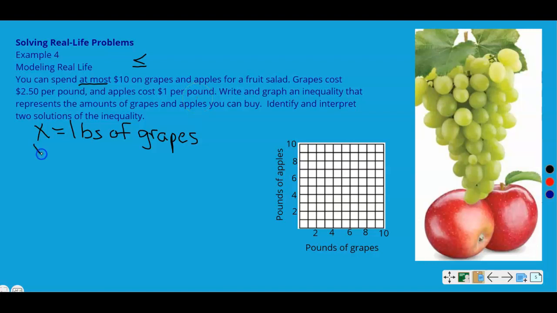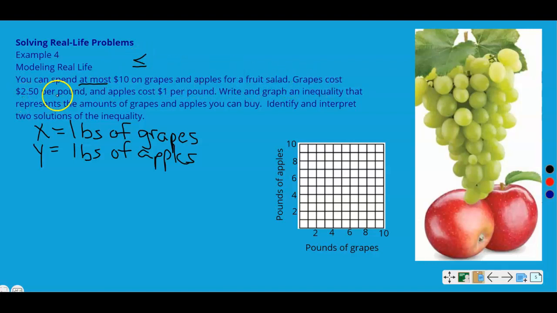So we can say let Y equal pounds of apples. That just lets us know that when we're talking about X, we're talking about grapes, Y, we're talking about apples. So you can spend at most, so that's less than or equal to $10 on grapes and apples for a fruit salad.